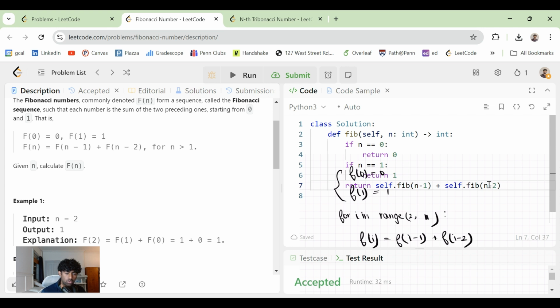And once we have our whole Fibonacci array instantiated, filled with numbers, we just return f of n.